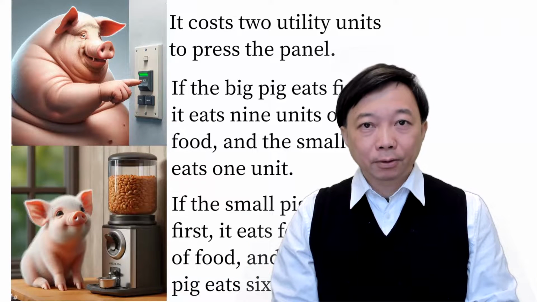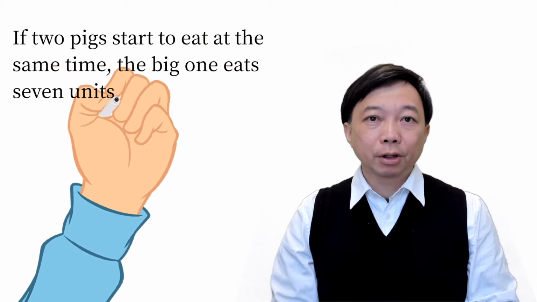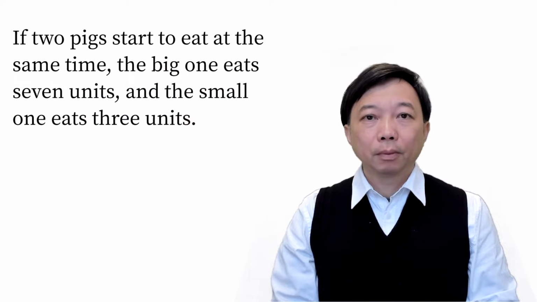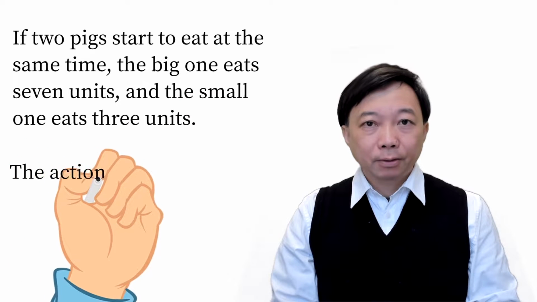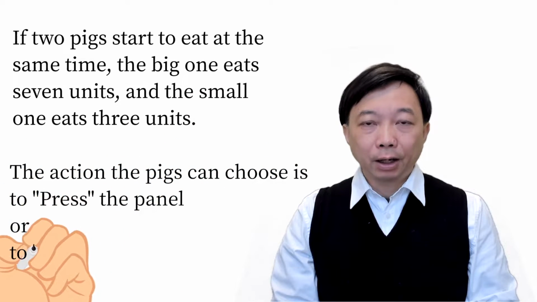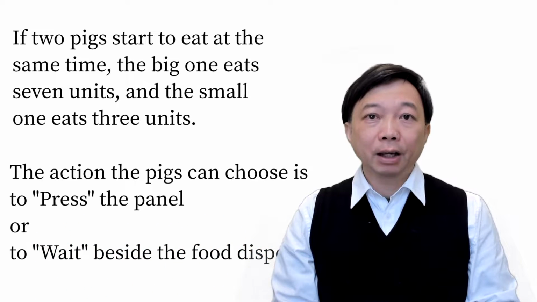If the two pigs start to eat at the same time, the big pig eats 7 units of food, and the small pig eats 3 units. The action the pigs can choose is to press the panel or to wait beside the food dispenser.